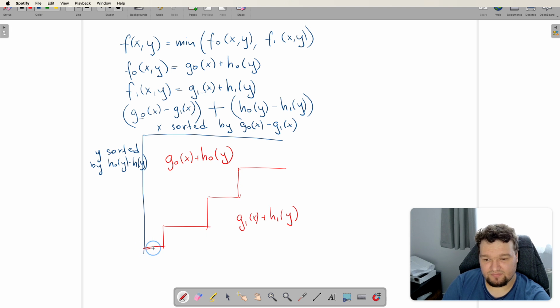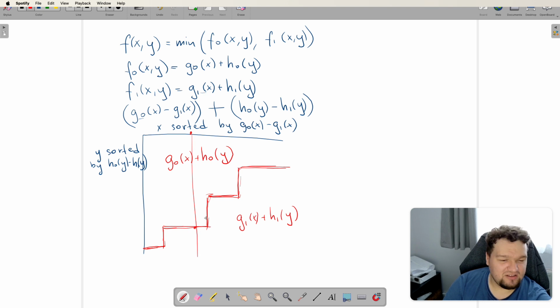And we can find the shape of this divide with two pointers or something, or you can make it simpler by just fixing x, and for fixed x you find this point with binary search on the sorted array of y's.